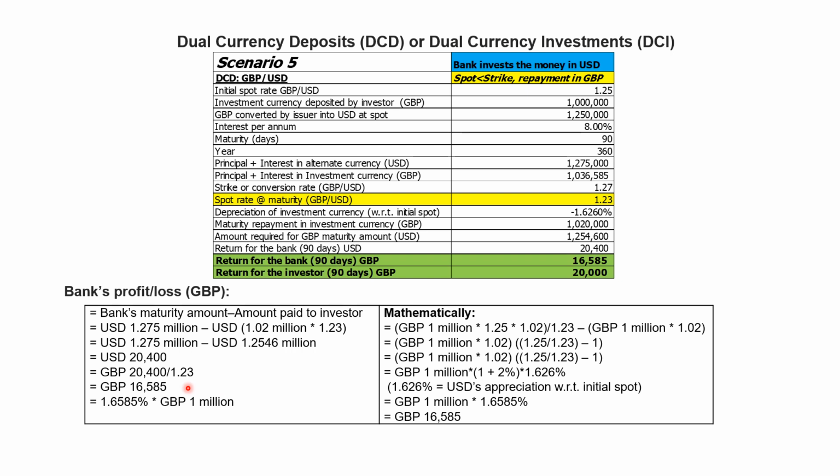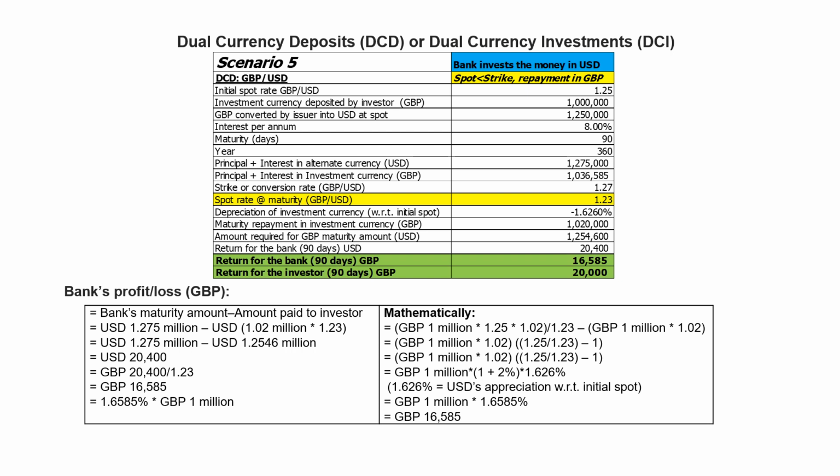Mathematically, this is the same as the bank's maturity amount in GBP minus the amount paid to the investor in GBP, which is GBP 1 million into 1.25 into 1.02 divided by 1.23 minus GBP 1 million into 1.02, which is equal to GBP 1 million into 1.6585%, which is GBP 16,585. Basically, the bank gets the benefit of the appreciation of the USD because it pays the investor the agreed GBP 1.02 million amount only.